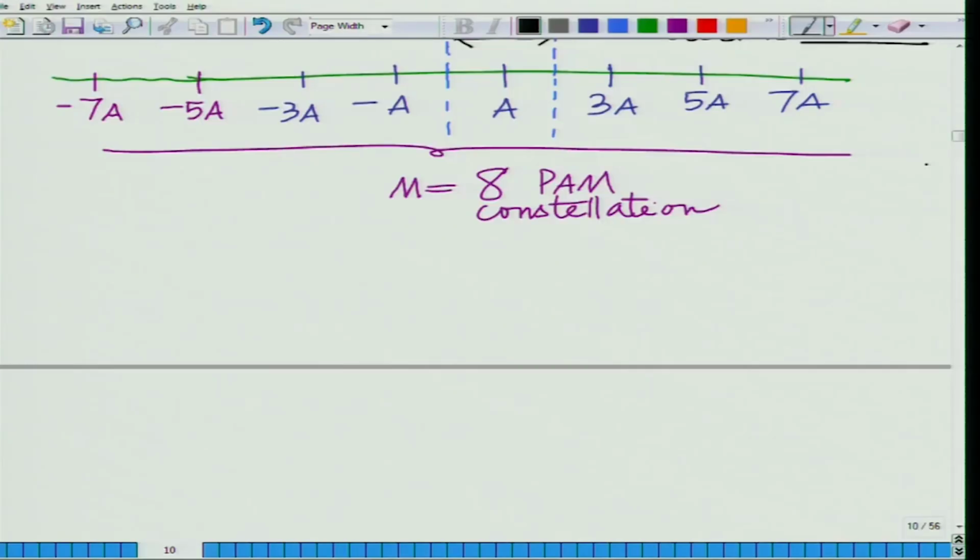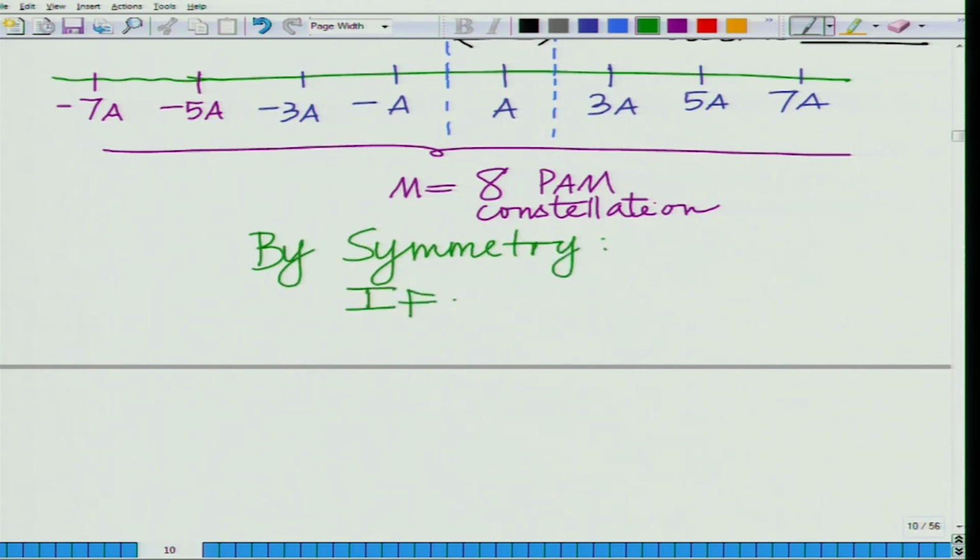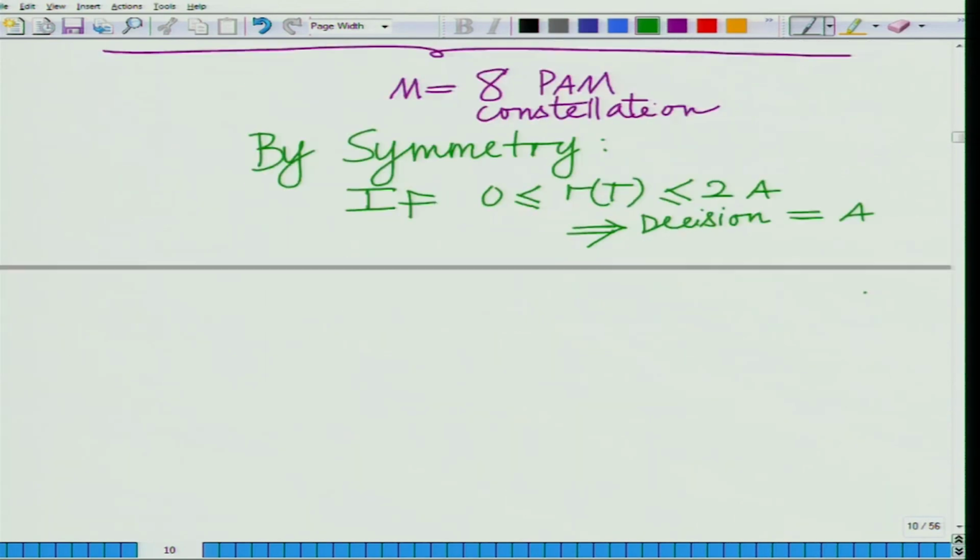Again it is fairly simple by symmetry: if 0 less than or equal to RT less than or equal to 2A implies decision equals A.